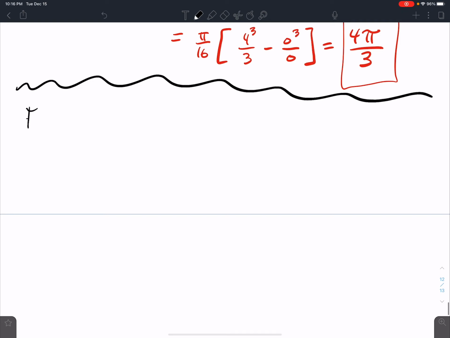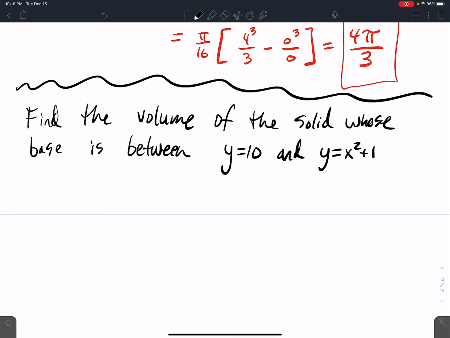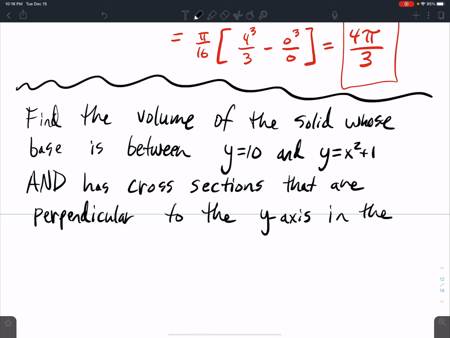So let's find the volume of the solid whose base is between y equals 10 and y equals x squared plus 1, and has cross sections that are perpendicular to the y-axis in the form of half circles.